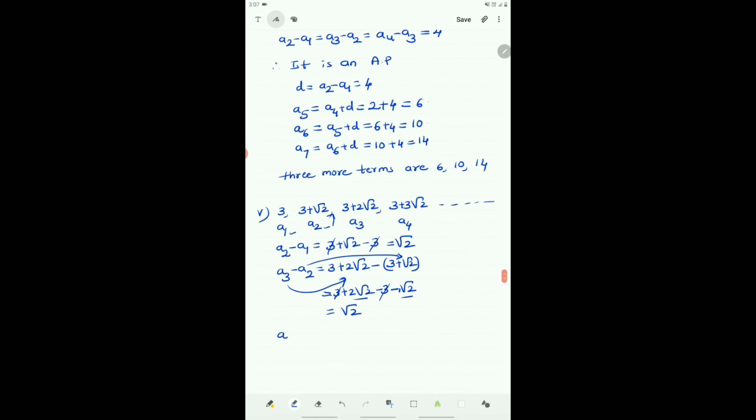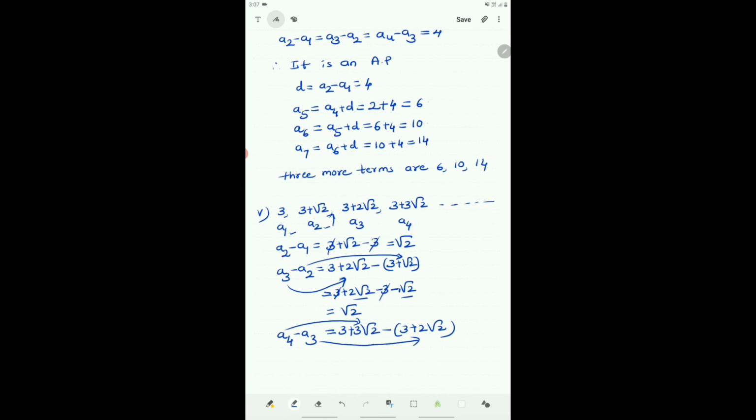Next, A4 minus A3. A4 is 3 plus 3 root 2 minus, again here there are two terms, you write in the bracket 3 plus 2 root 2. This is A4, this is A3.